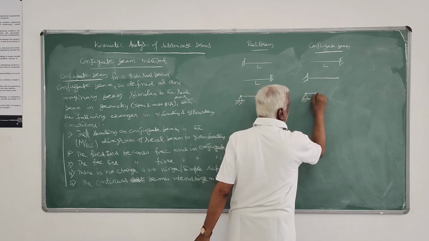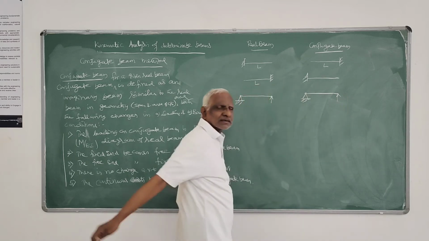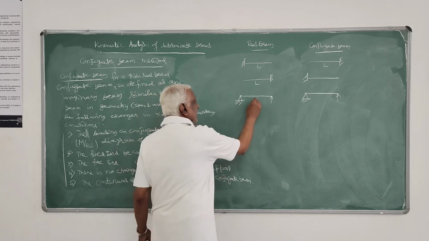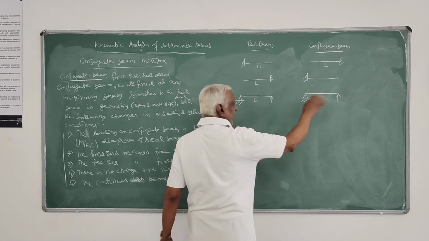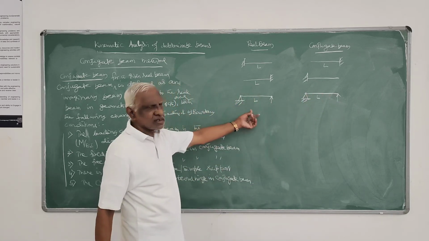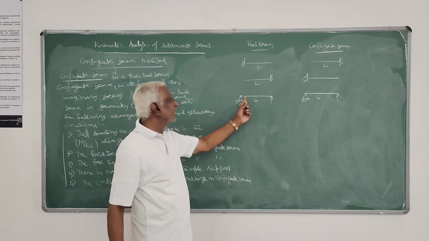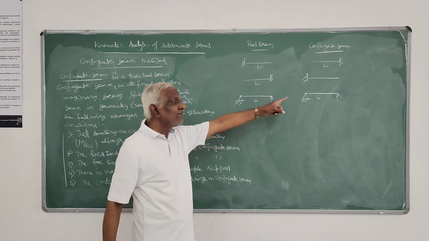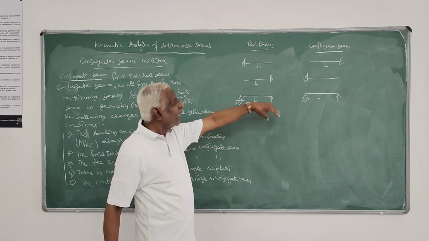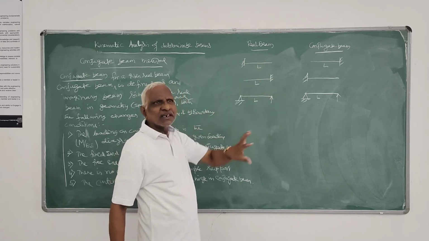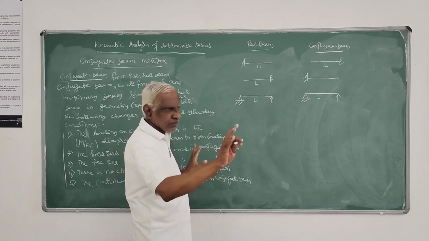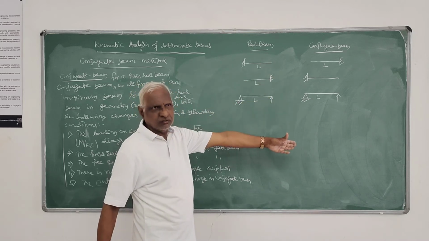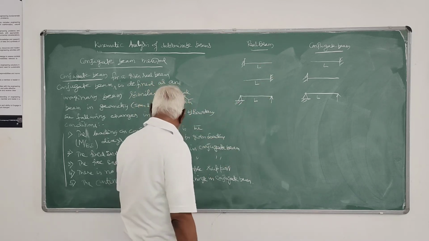This also remains the same. For EI constant, if EI is constant, it stays. If it is varied, 2EI here, then 2EI there, and the M diagram also you have to divide. Even non-prismatic beams you can solve by the conjugate beam method.